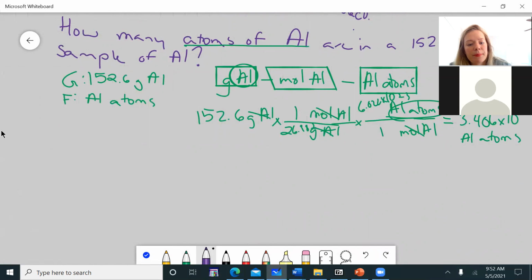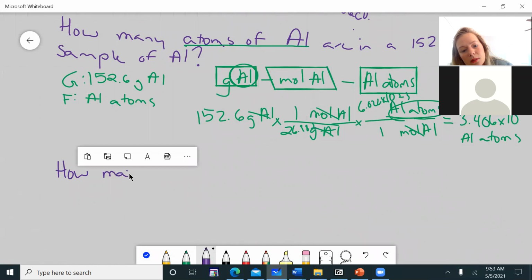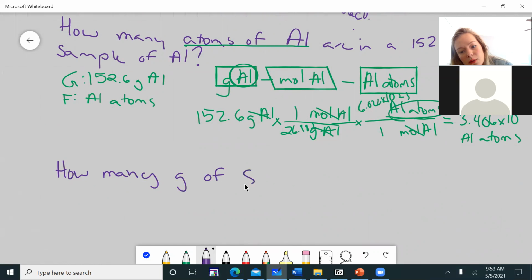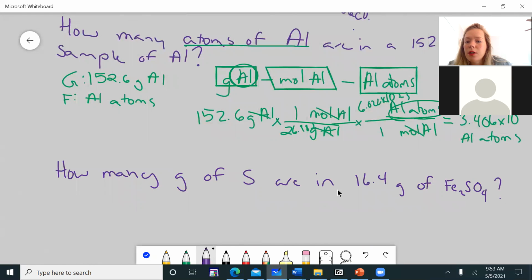So how many grams of sulfur are in 16.4 grams of Fe2SO4? Okay, how many grams of sulfur are in 16.4 grams of Fe2SO4?